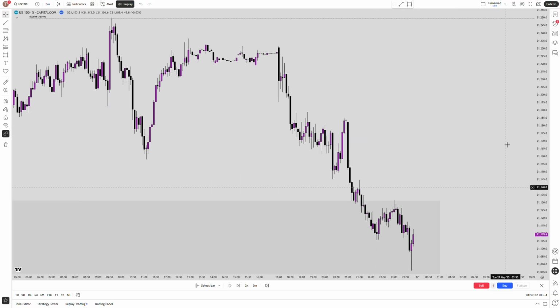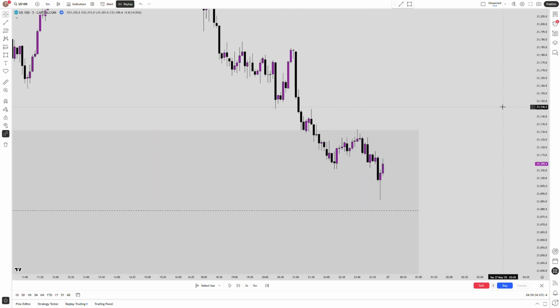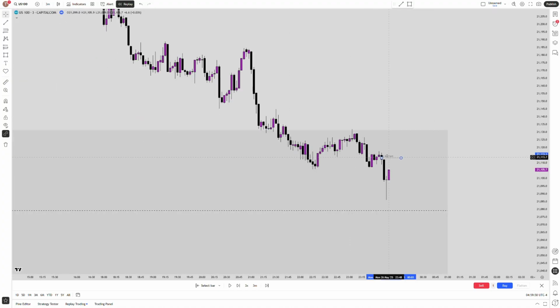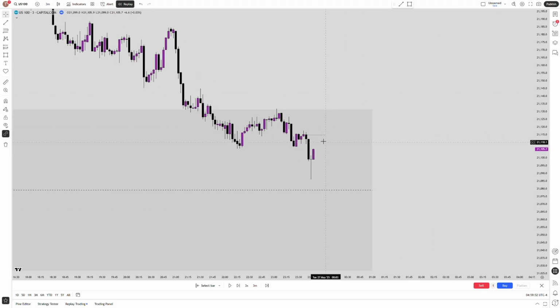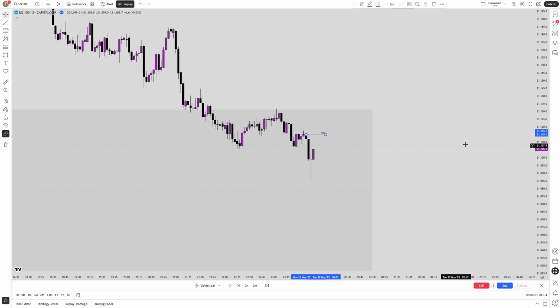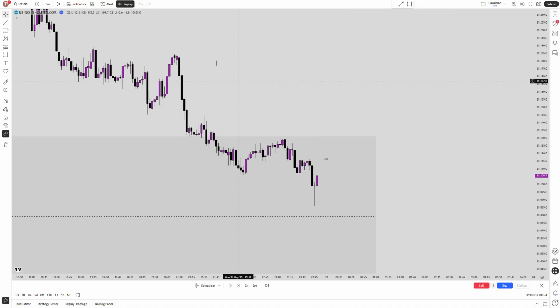Now we have to wait for price to create the change in the state of delivery. We have that candle, which is an order block. We have a series of down close candles, or just a single candle, and that's going to be the change in the state of delivery. So we are going to go into the 3-minute chart, and we want to see price close above that high and give us a nice entry toward these highs.